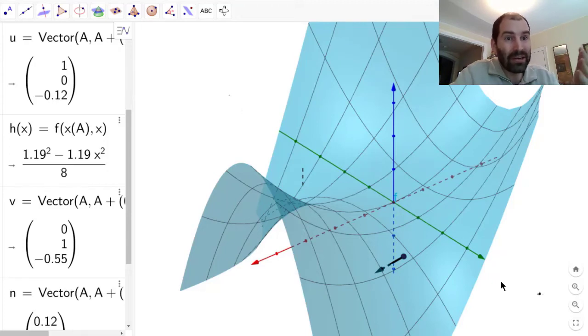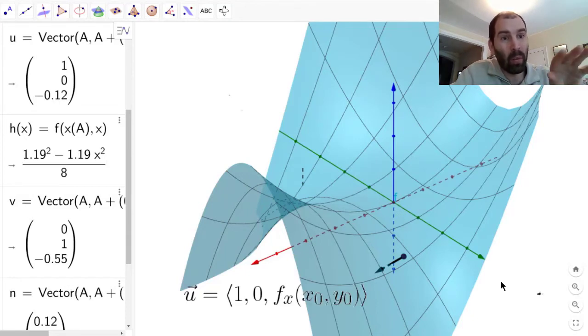But it's not just any derivative, it's the derivative in the x direction. And furthermore, the y component will be 0, because this vector is pointing solely in the x direction and has no y component. So the vector's components are 1, 0, and then the x derivative of the function at that point.